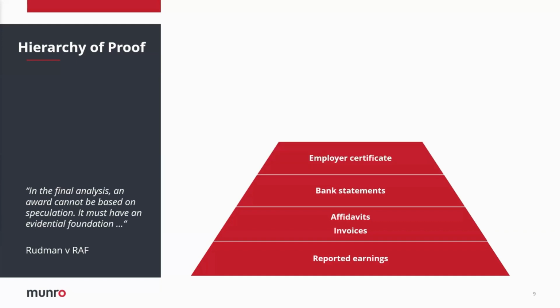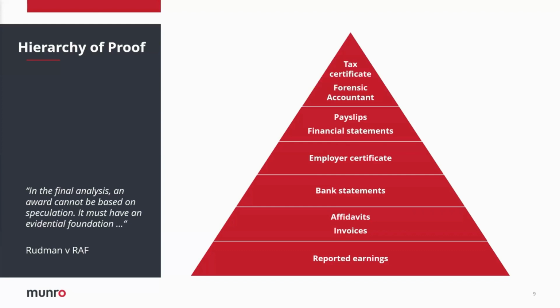I think that the hierarchy starts here with an employer certificate. That certainly gives us quantum to work with, and I think carries a great degree of credibility. Then we also have payslips and financial statements, and at the very top, tax certificates or forensic accountant. Forensic accountant relates to business, and I think where payslips and tax certificates especially are very valuable is that there's official documentation.